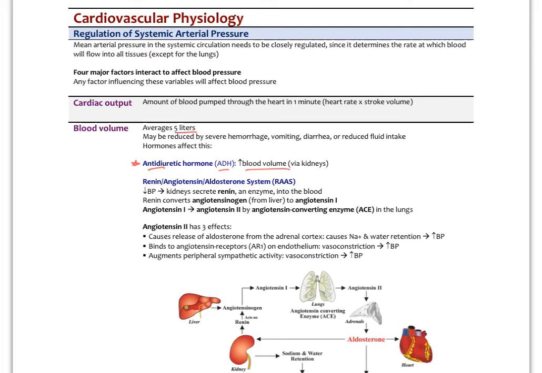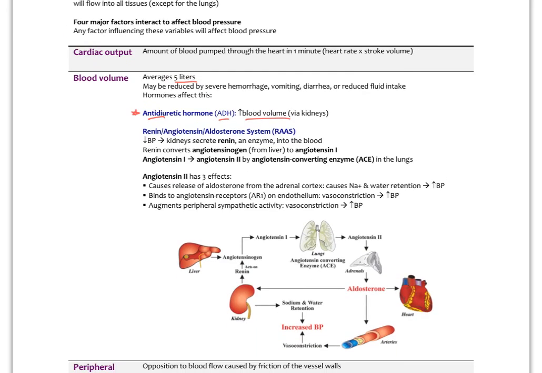The other system, which will be very important for us to know about for blood pressure regulation, will be what's called the renin-angiotensin-aldosterone system, RAAS. And I'll just summarize it here quickly, but we're going to see it again when we talk about different medications. This is the target of many medications for blood pressure and so forth, and many of these are used in heart failure and other different cardiac conditions.